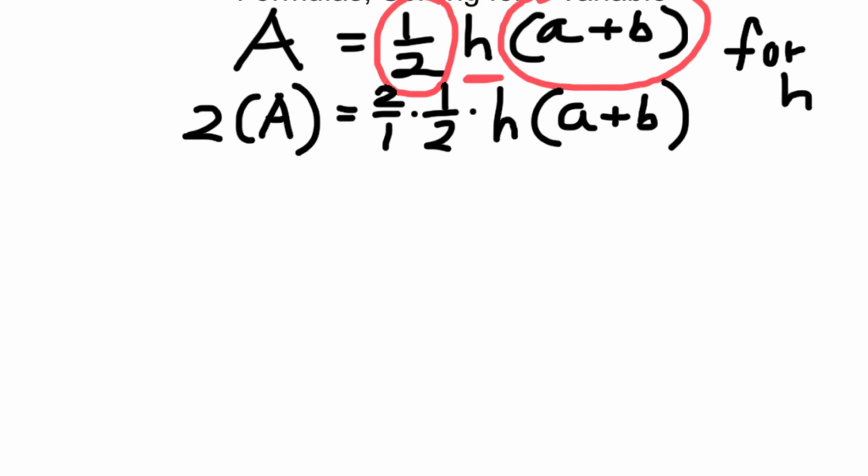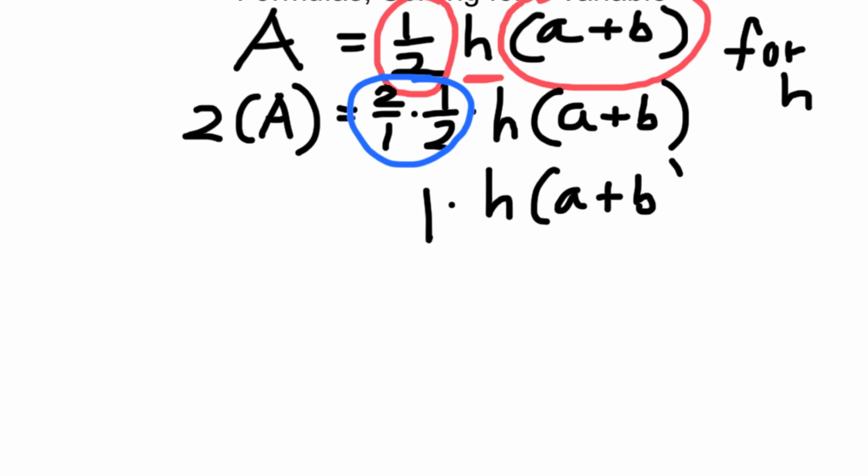So this becomes 1. That's times H times A plus B. Just copy everything down, everything that you don't touch. And then we've got 2A here. Okay, so now the thing I've got to get rid of is this A plus B. Well, why can't I just divide all of A plus B out at the same time? Right?